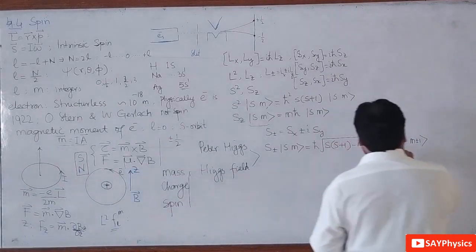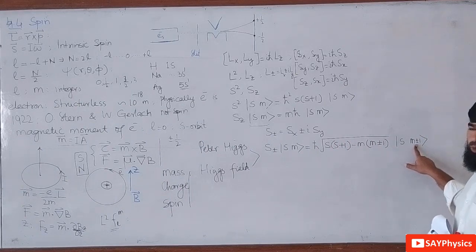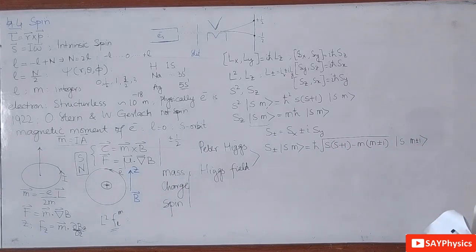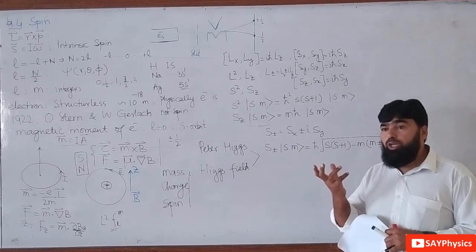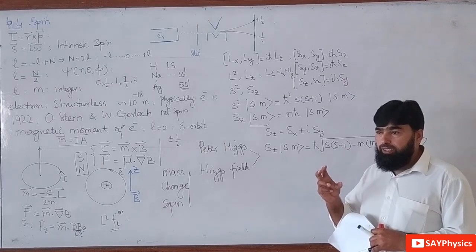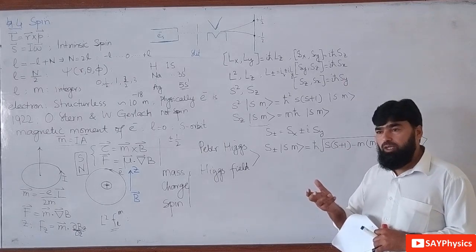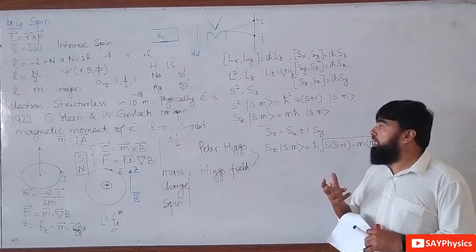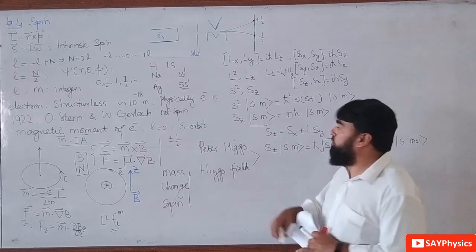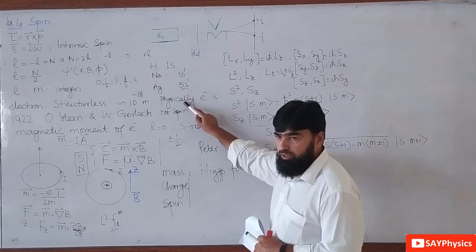So this one will change when you do a measurement. We know that there are only two possible values, plus half and minus half. The electron is spinning, although we cannot visualize this because it is not physical.